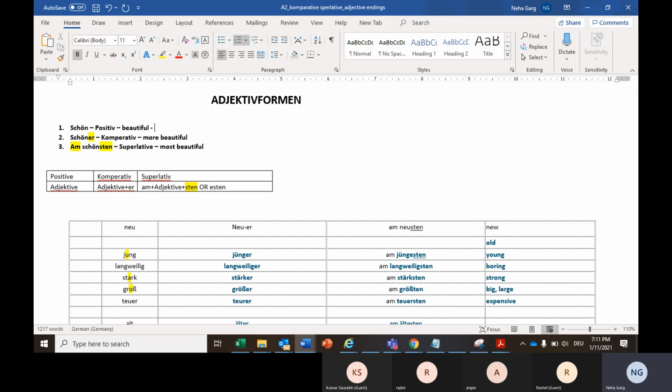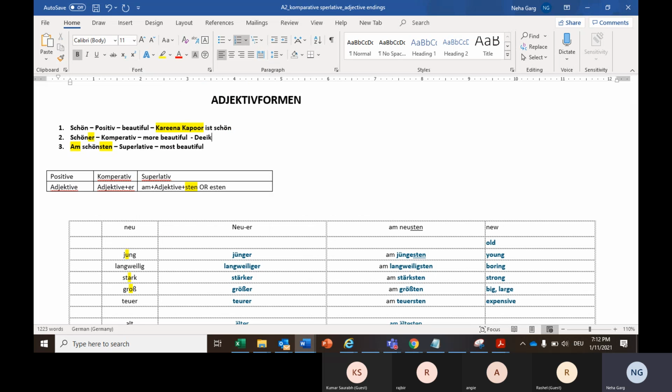Maybe let's say Kareena Kapoor is schön. So Angie and Rachel, I'm just writing the names of some Indian actresses. If you're not aware, Kareena Kapoor is one of them. Kareena Kapoor is schön.